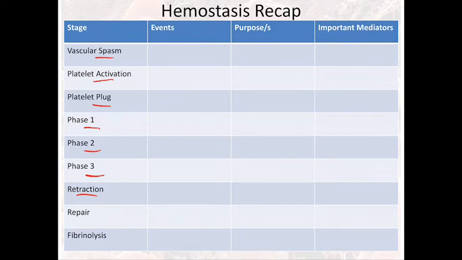Then we have clot retraction, tissue repair, and fibrinolysis. So this is the whole process of events. You want to fill in the key events that are happening in each step, the purpose, meaning why each of those events happens, and then the important chemical mediators of each step.